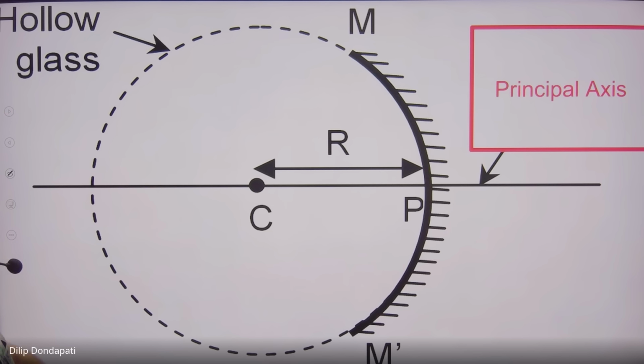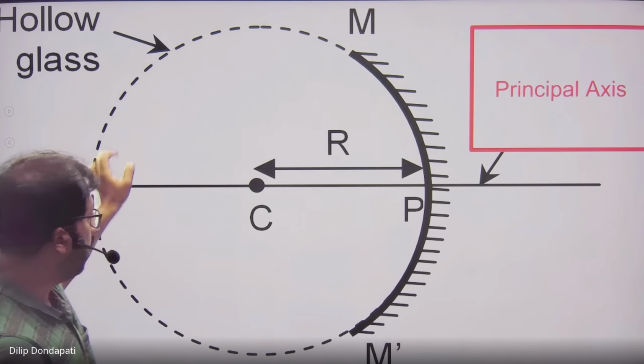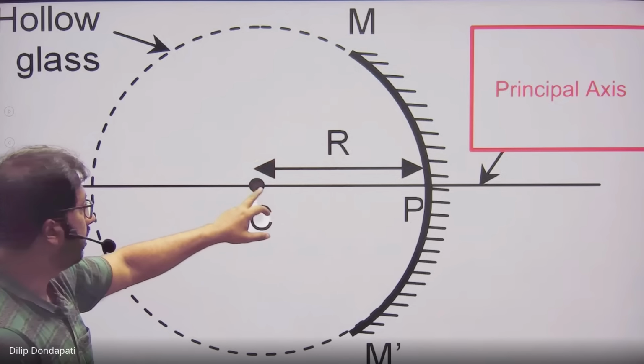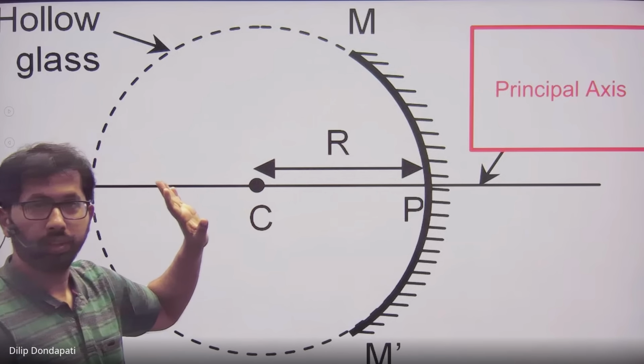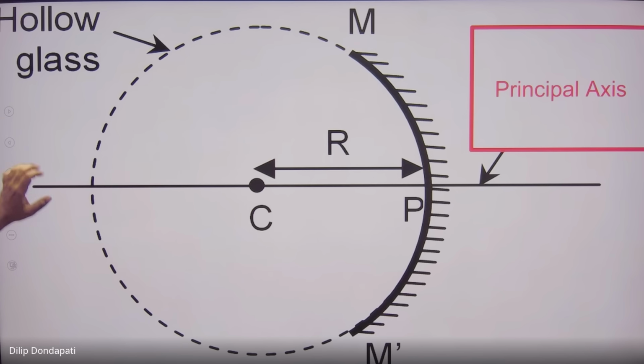I told you, it's a part of the sphere. This is a concave mirror, center of curvature, pole, radius of curvature. This is the principal axis, which we know. Okay, understood, right?